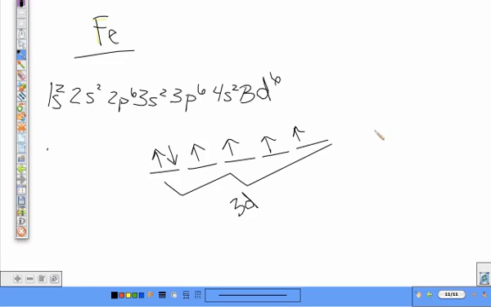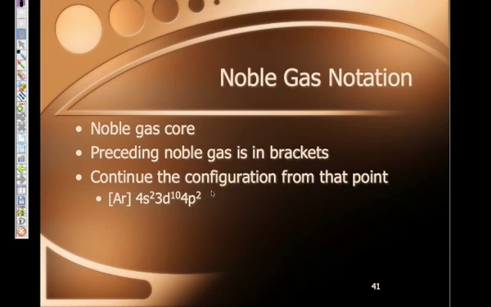So now, speaking of Mercury, that'd be a lot of electron configurations to write out, wouldn't it, if we had to start all the way back at 1s. So we use what's called the noble gas notation, where you use the noble gas core of the noble gas that comes before that element, and you put the noble gas in brackets.